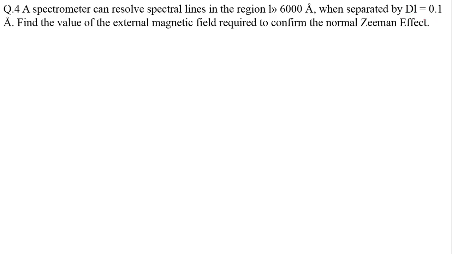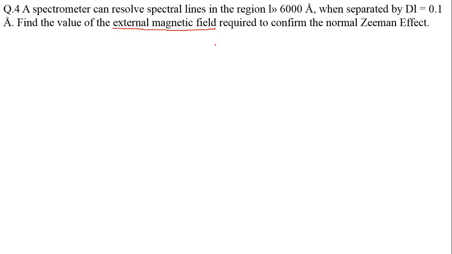It is given 0.1 Angstrom, and we want to find the value of external magnetic field which is required to confirm the normal Zeeman effect. This is the minimum resolution of the spectrometer. If there is a shift of 0.1 Angstrom, then we can see it. So to have a split of 0.1 Angstrom, what should be the strength of the magnetic field we are applying? We need to calculate that.